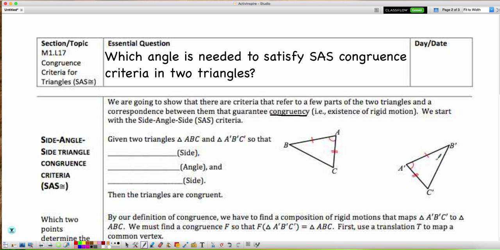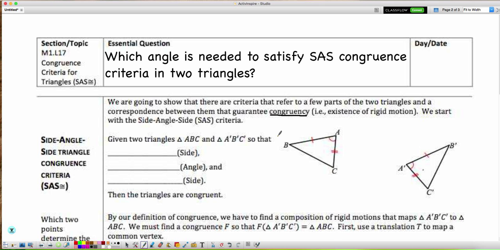Just knowing those pieces of information is enough for me to justify that these two triangles are exactly the same size. I don't necessarily need to know that BC is the same size as B prime C prime. I don't need to know anything about angle B being congruent to angle B prime. All I need to know is that it has two sides that are the same and the angle between them is also the same size.